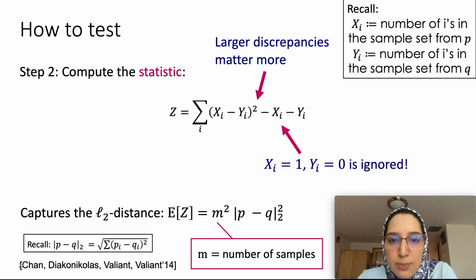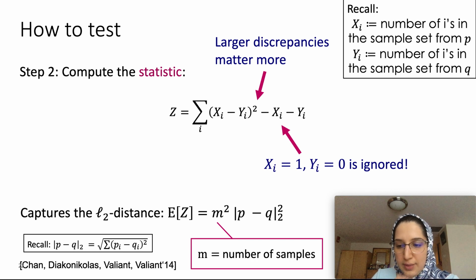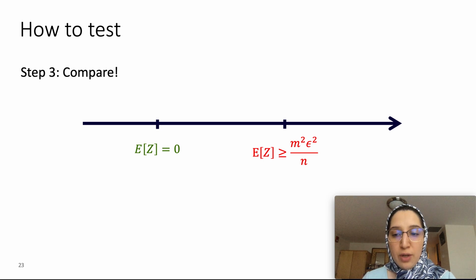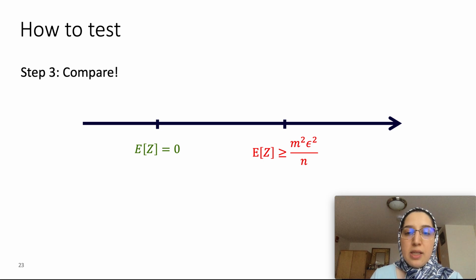And if you use the Poissonization trick, it's not difficult to see that the expected value of this statistic is in fact the L2 distance of the two distributions. After we have this expected value, you can see that when P and Q are equal, the expected value of Z is equal to 0, and when P and Q are epsilon far from each other in L1, then the expected value of Z is larger than some function of epsilon.